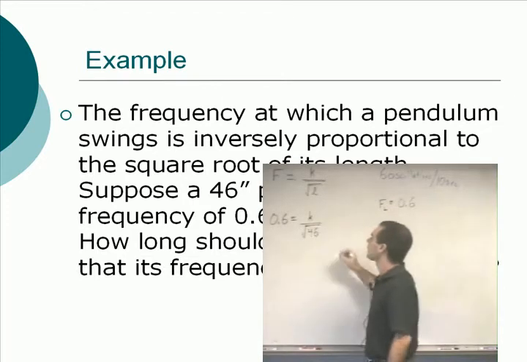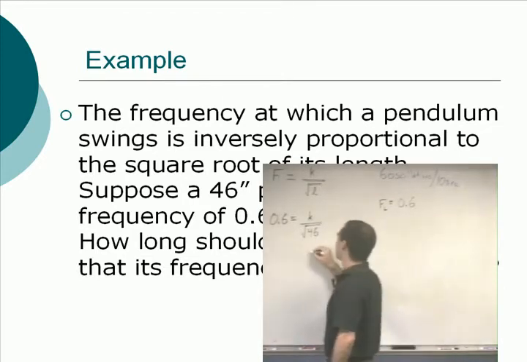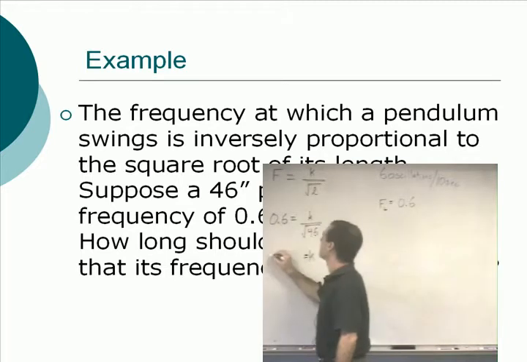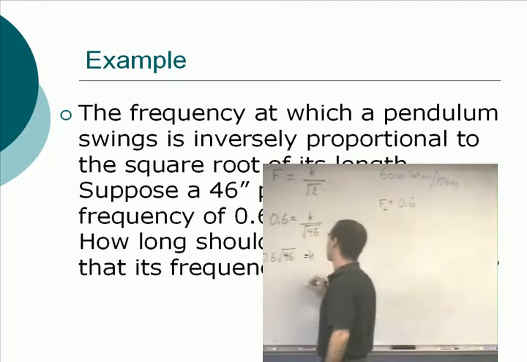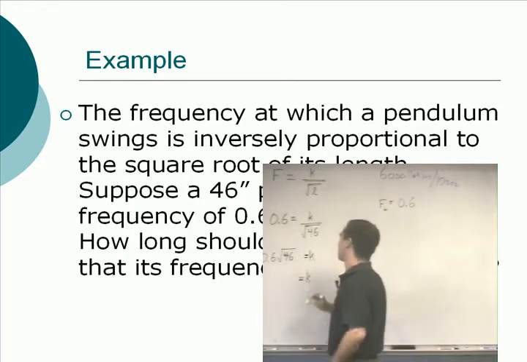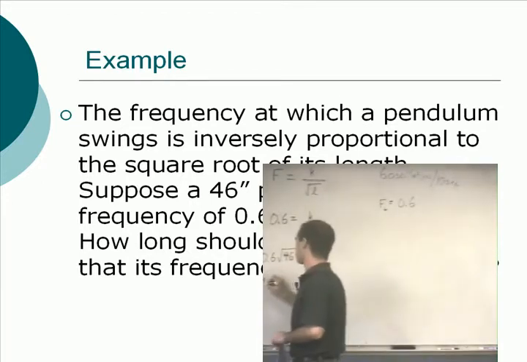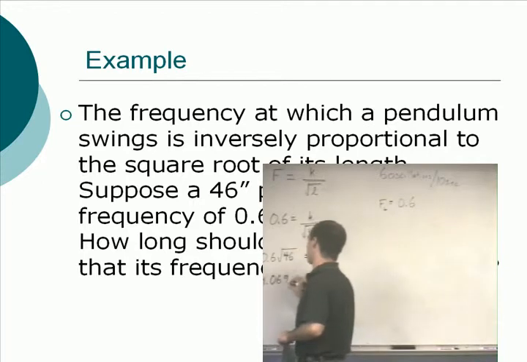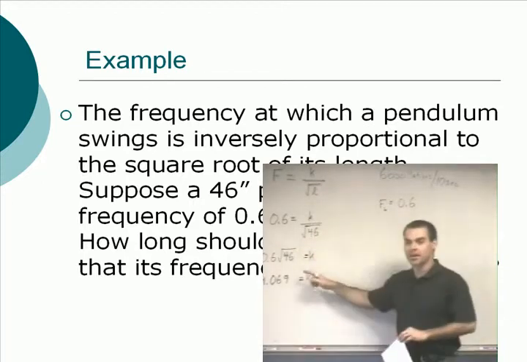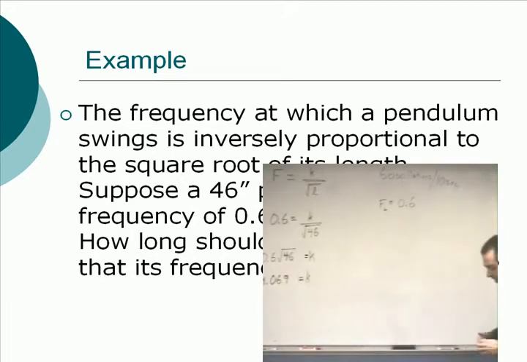So go ahead and solve for K. K equals 0.6 times the square root of 46. It's 4 point something here, isn't it? 4.069, we'll call it, leaving plenty of sig digs. So that's a property of that pendulum, or of this material, I should say. 4.069 is our K value.